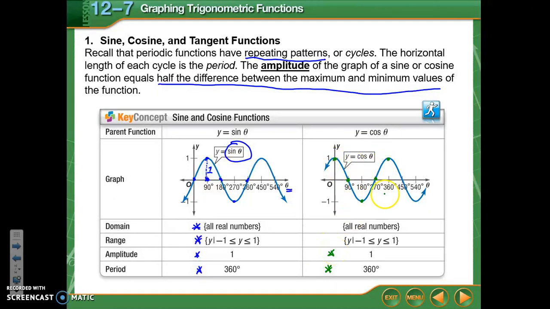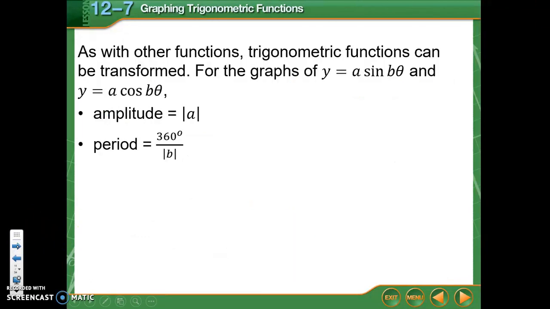Its amplitude is also 1, the distance from its midline to its highest or lowest point. It has the same domain and range that sine does: all real numbers for the domain and the range from -1 to +1. But of course, we can do transformations on sine and cosine graphs. If I have a number multiplied in front of sine or cosine, that number tells me the amplitude. Notice it's an absolute value, so it's just the value of that number without the negative sign.